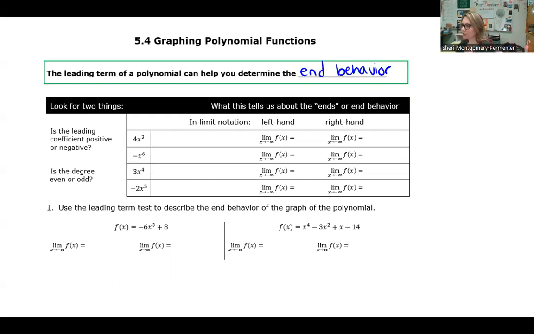The end behavior is kind of like what we were talking about last class, when you can identify is something positive or negative, is something even or odd. So it's like looking at the two ends of the graph and how they relate to each other.